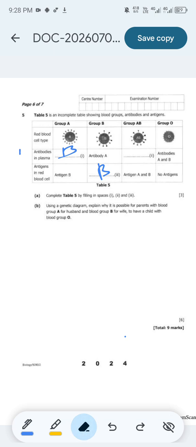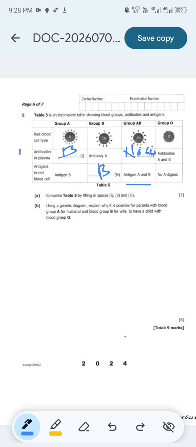Otherwise, antibodies in the plasma, it's A. And then we have another situation which is blood group AB. The antibodies in the plasma, because the antigen has A and B, so here for the antibodies in the plasma, just write no antibodies. Okay, that's basically it. So blood group AB and blood group O share a common thing.